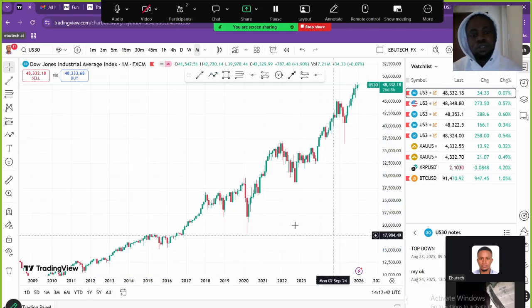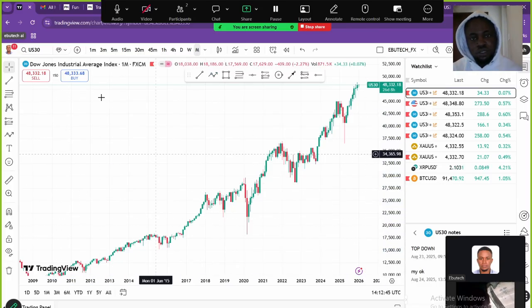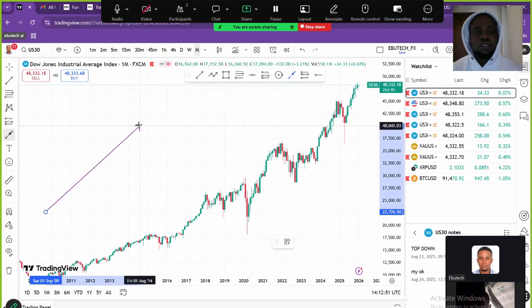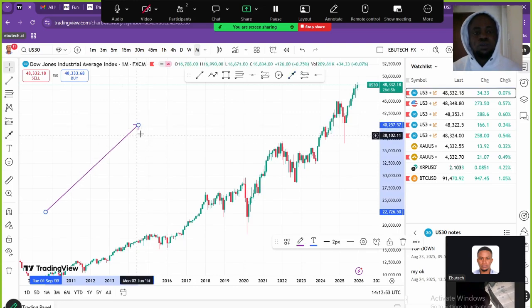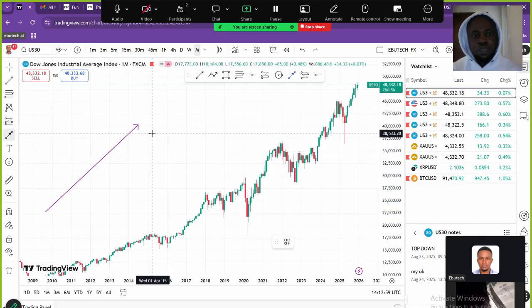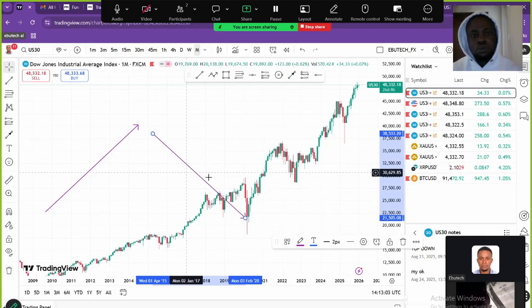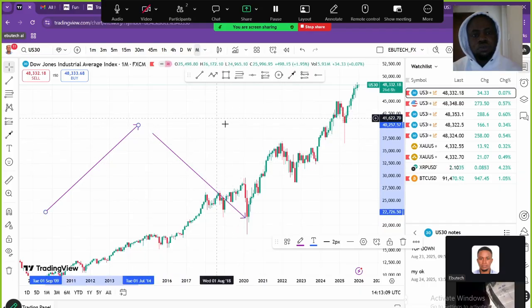A downtrend. So when the market is going up, what are we doing? We are buying. When it's moving down, what are we doing? We are selling.